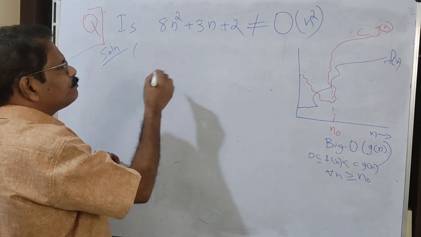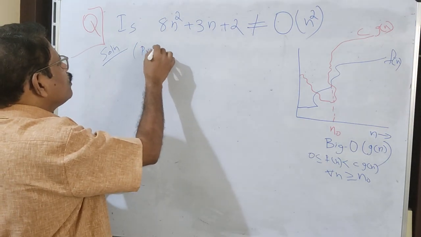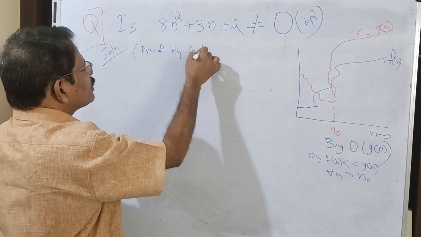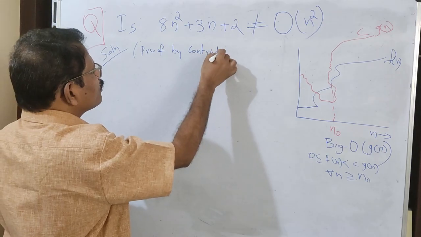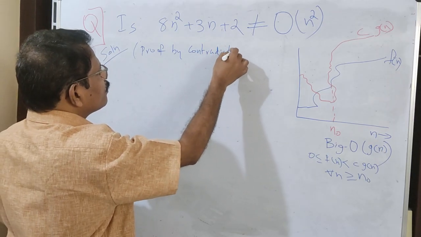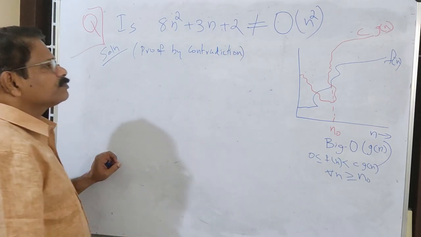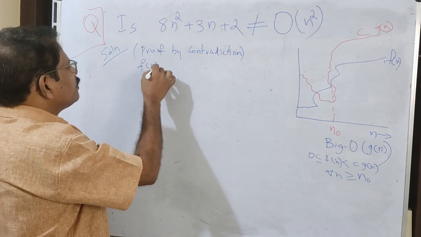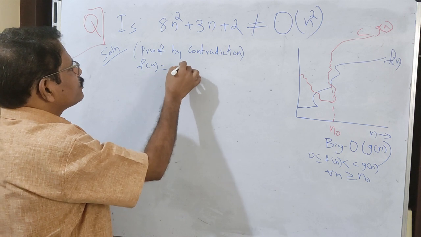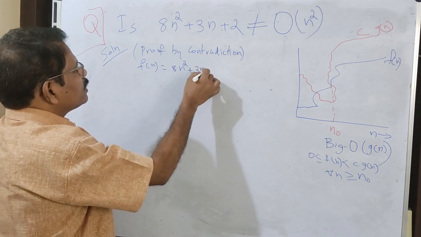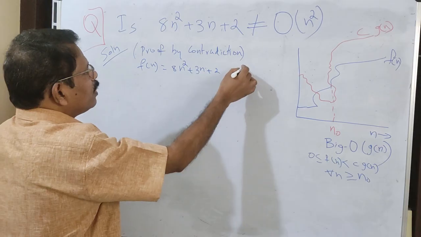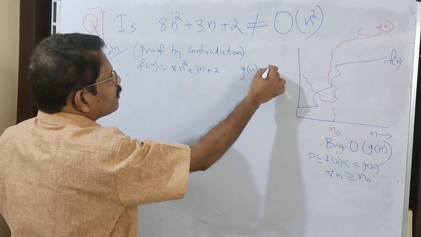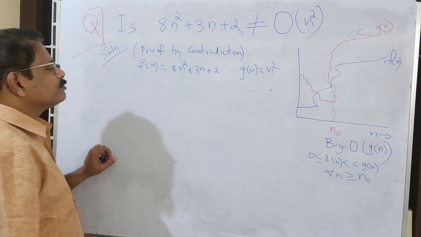We adopt the proof by contradiction method. Here our f of n is 8n square plus 3n plus 2, and our g of n is n square.